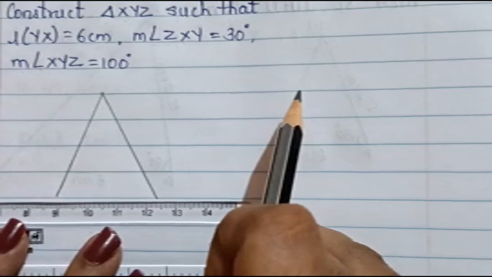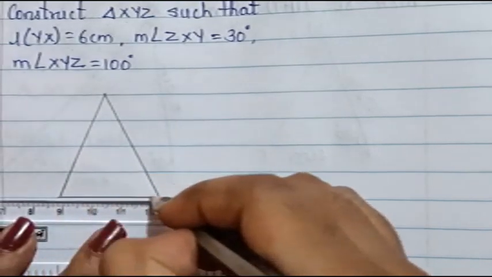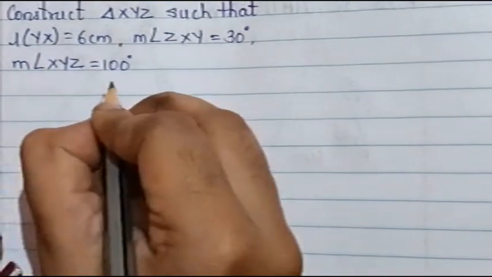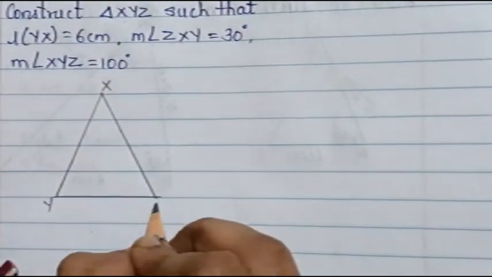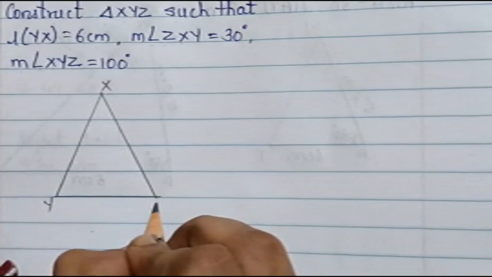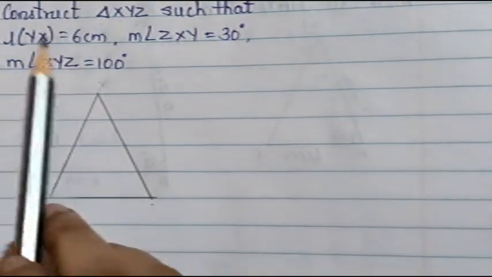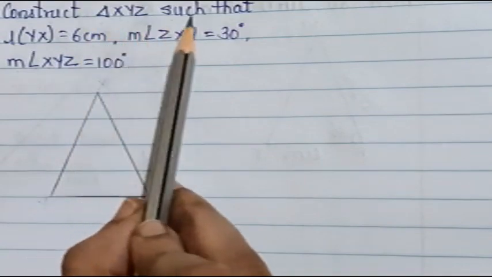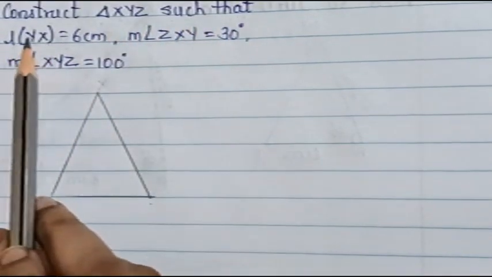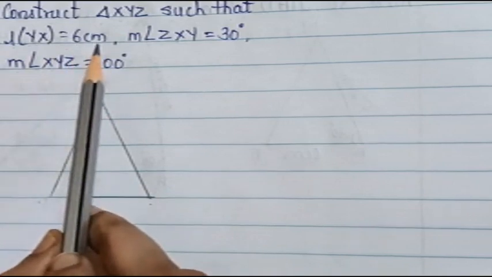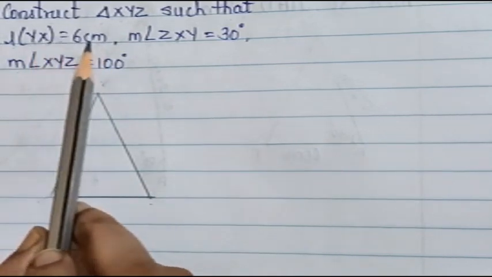Okay, they have given YX is equal to 6 centimeters. So X, Y. See students, here in this triangle, construct triangle XYZ such that length of YX. Now they have given the base. They have given this length, that is the base. So YX is equal to 6 centimeters.